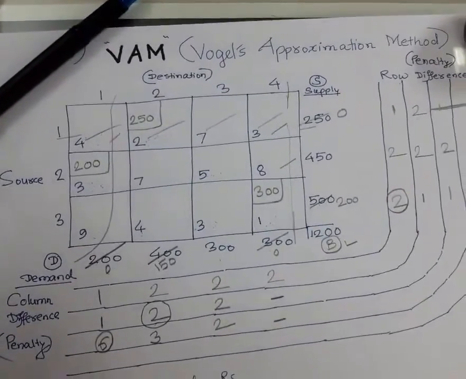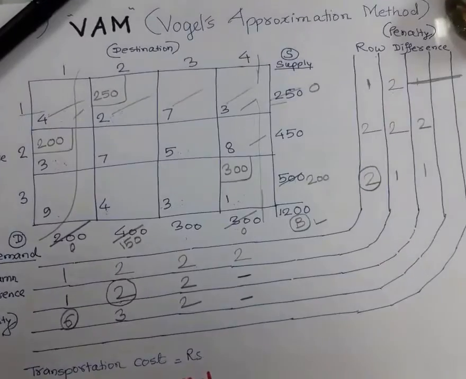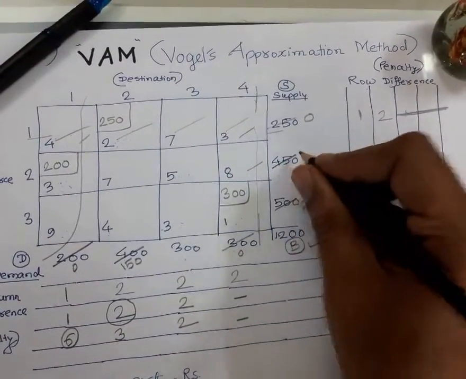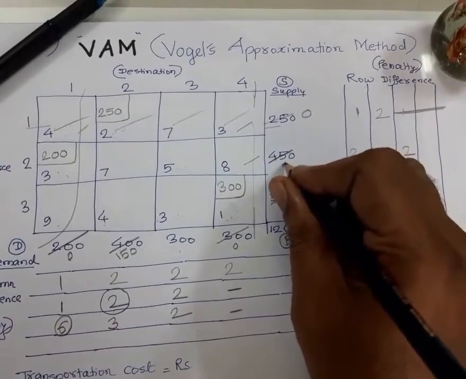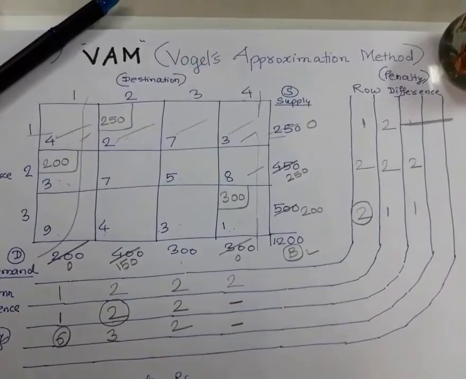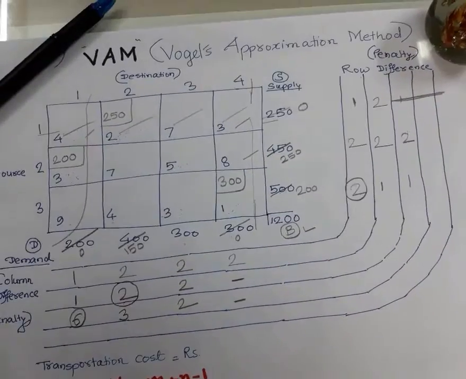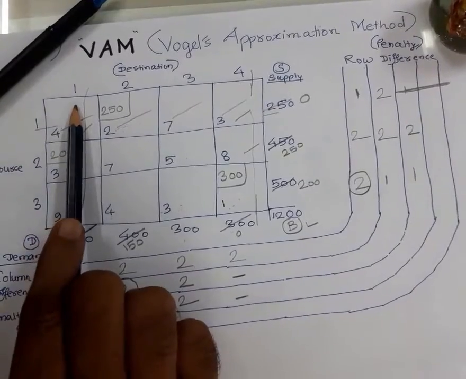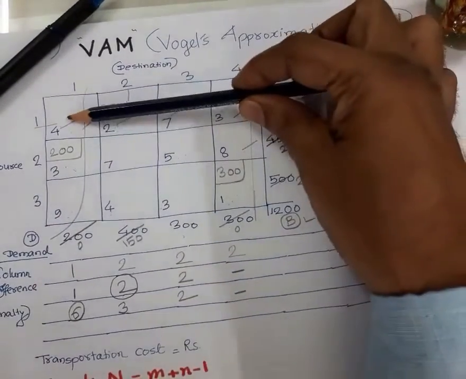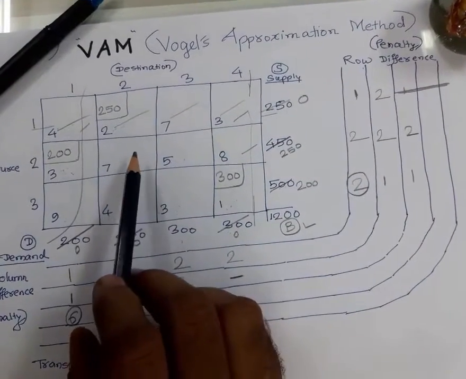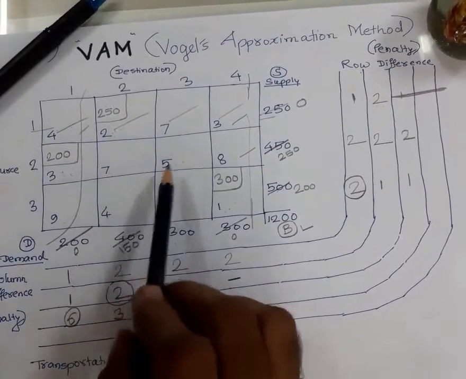This one is deleted. Now 450 minus 200. This will be 250. Now the first column is deleted. First row is deleted. Fourth column is also deleted. We have left with only these 4 cells.